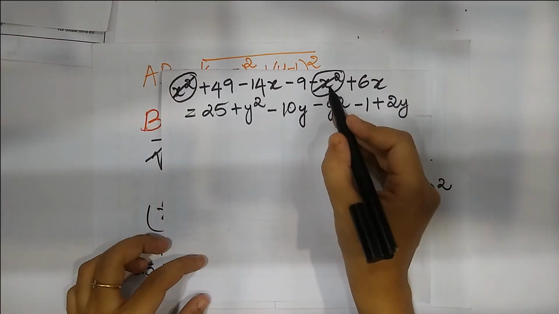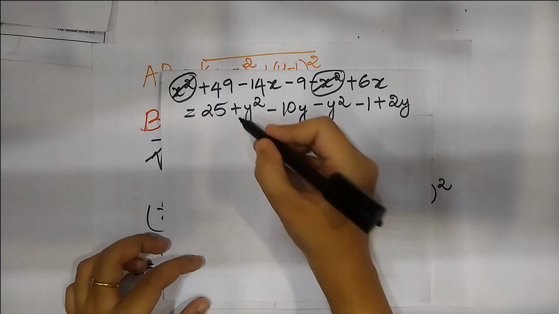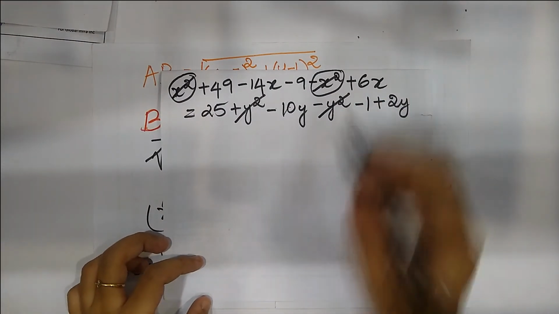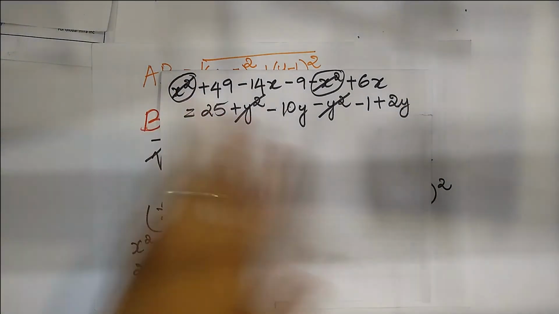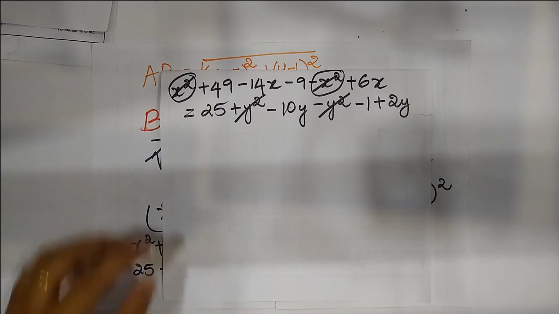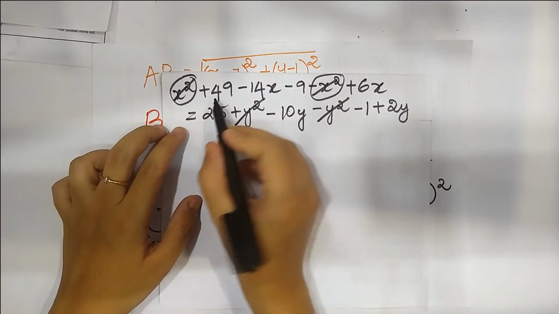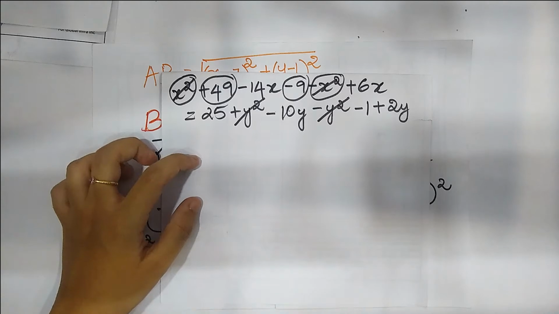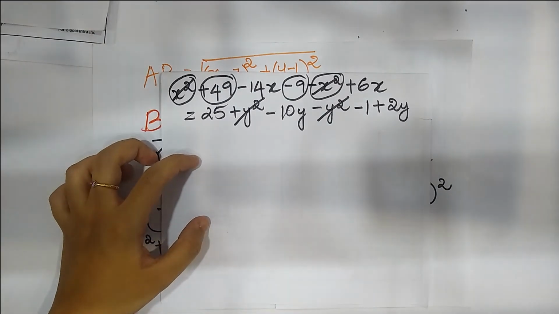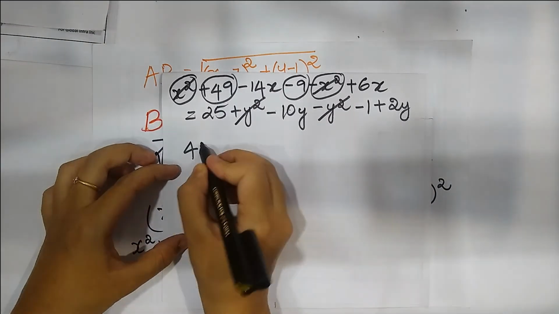So x square minus x square got cancelled. Y square minus y square also got cancelled. So first look for positive and negative of the same number. If you can cancel that, it will make your work easy. So we have 49 as a whole number minus 9 as a whole number. So plus 49 minus 9 gives you 40.